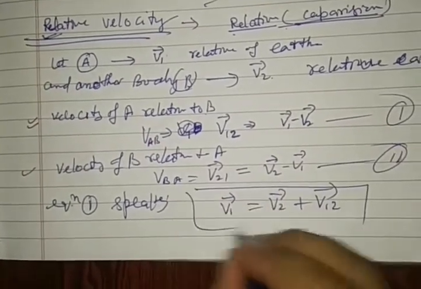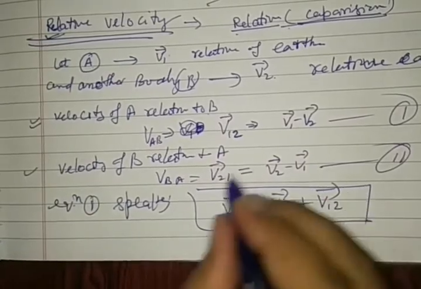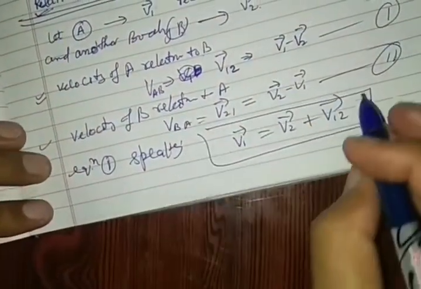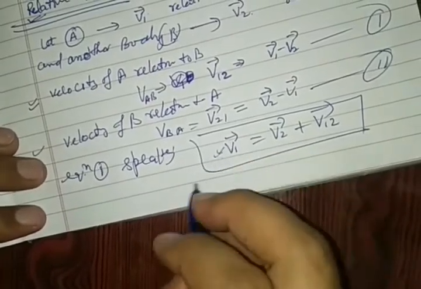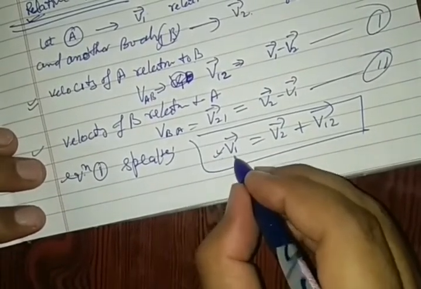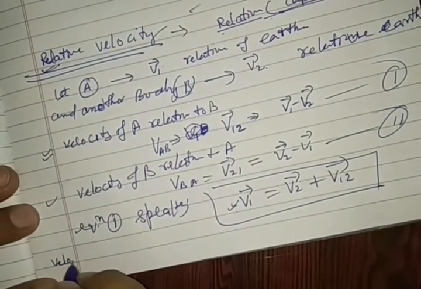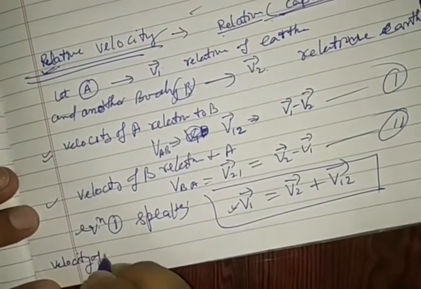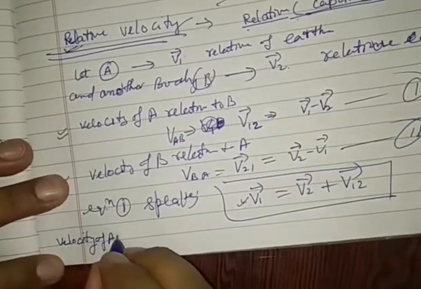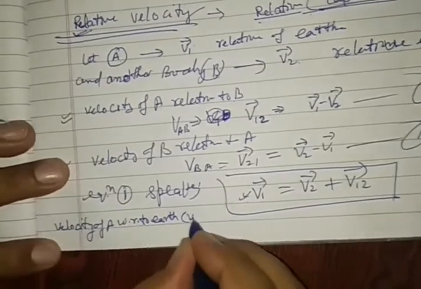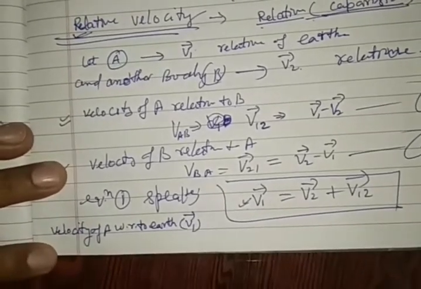See carefully. We can make one concept by it. By this concept, we are able to draw a conclusion. What is this conclusion? The conclusion is: velocity of A with respect to Earth is v1.